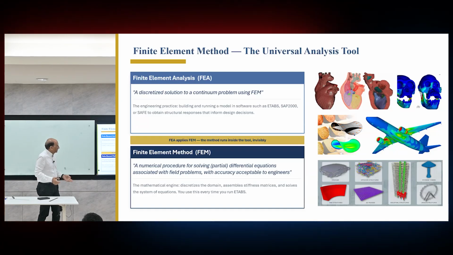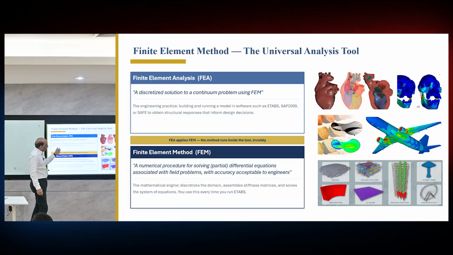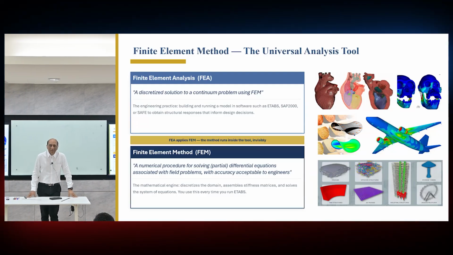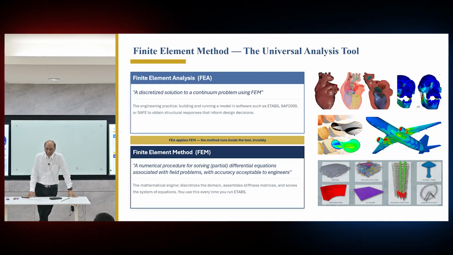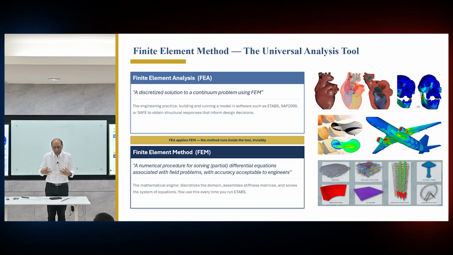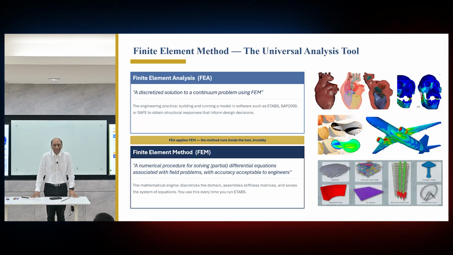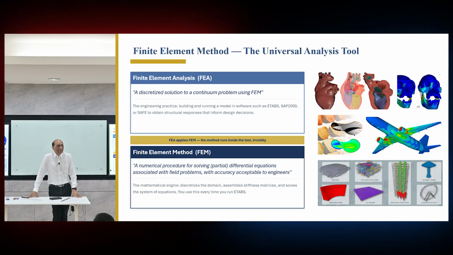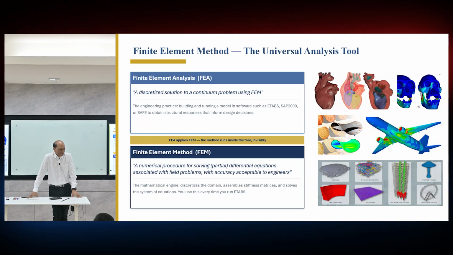Then finite element analysis was built upon the finite element method, which was obviously developed first, and finite element analysis followed from there. So what we use is FEA, not FEM. FEM is embedded in the code of the ETABS or SAP solvers.